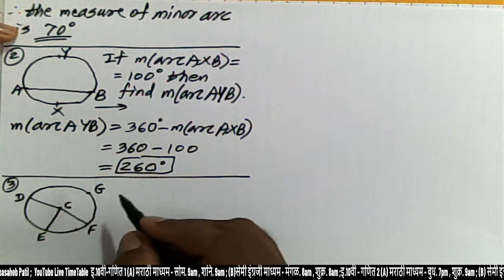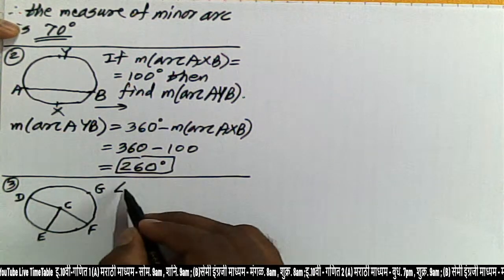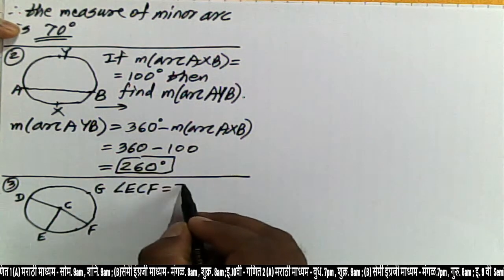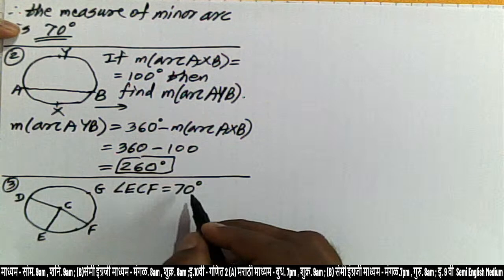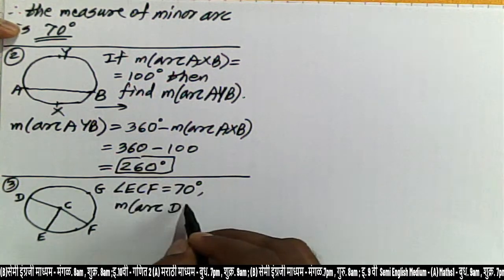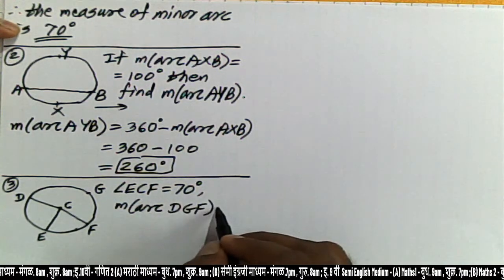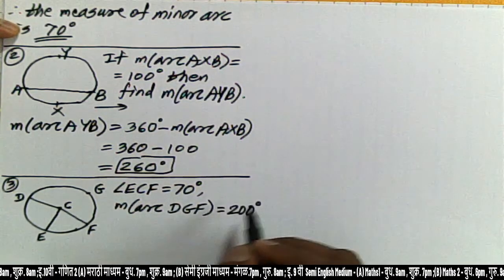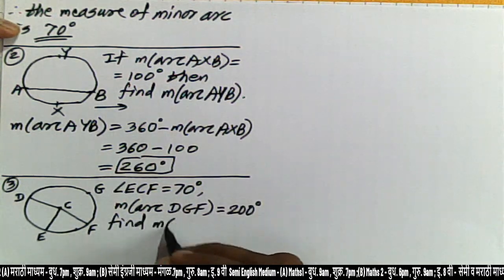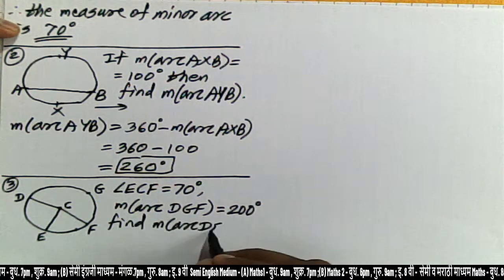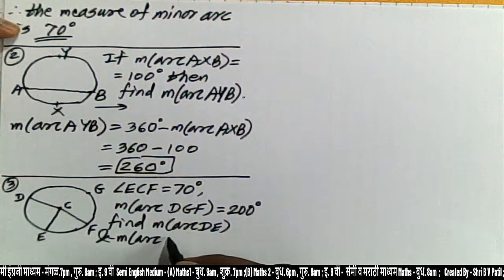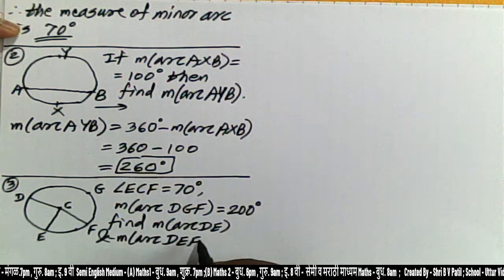Here point G is given. Angle ECF is equal to 70 degrees. Measure of arc DGF is equal to 200 degrees. Find the measure of arc DE and the measure of arc DEF.